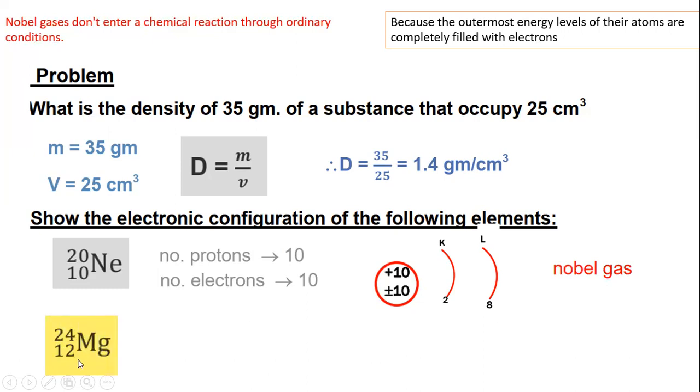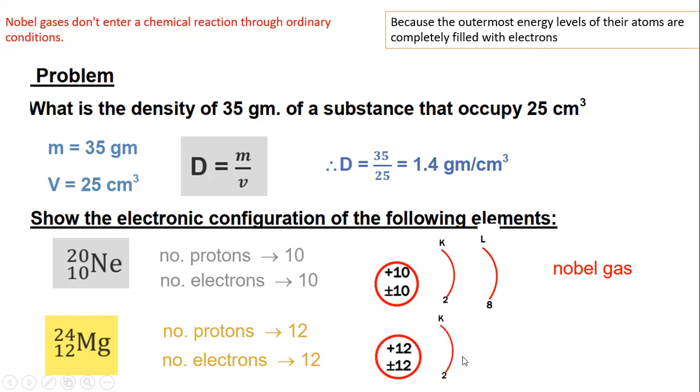Question number 2, magnesium 12, 24. So we are dealing with 12, the small number, the atomic number. So the number of protons is 12, and the number of electrons is 12. Now let's distribute it. The first level K takes 2, L 8, M 2. I'm sorry, yes, 2 8 2.